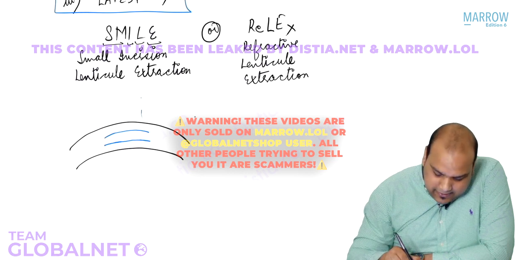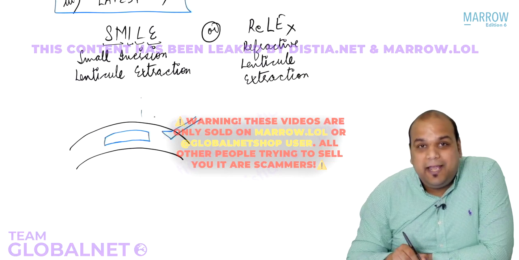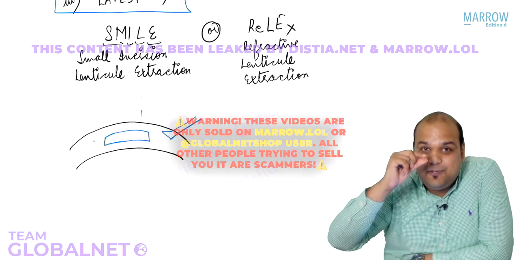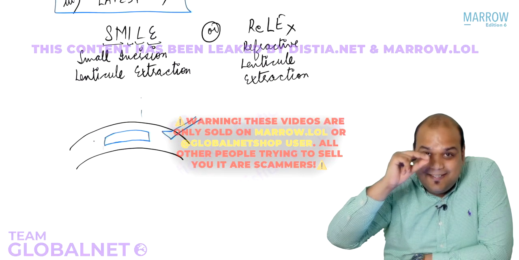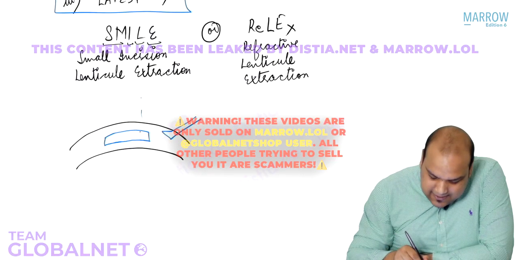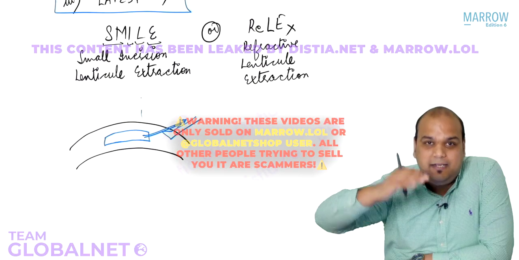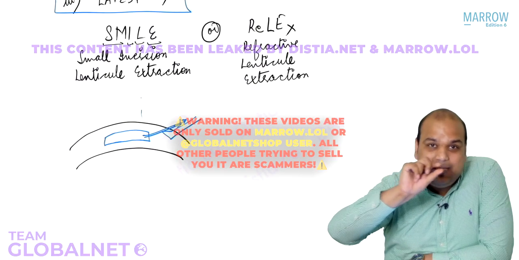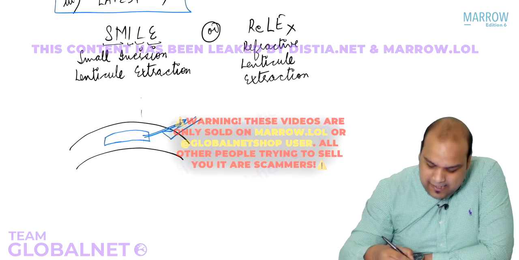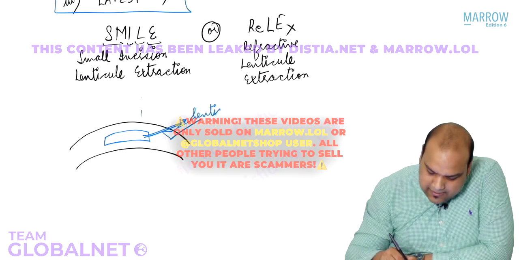Then I will take a blade. I will join both these cuts. So what have I created? I have created a piece of stroma which I have cut in the center of the stroma. Then this piece of stroma, which is called the lenticule, is removed. You understand? So laser giving 1 cut, laser giving another cut, a lenticule, a button is created, and then this lenticule is removed.